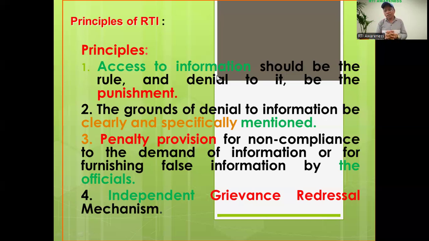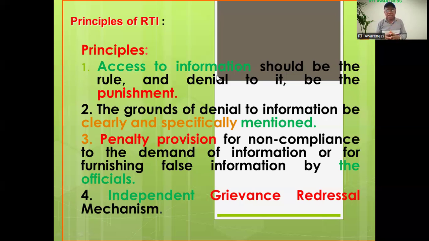Those who have given non-updated data or incomplete data or misleading data or destructive data will be penalized. They will be penalized as per section 20 subsection 2, because the PIO is misleading the citizen. PIO is misleading the public. That's why there is a penalty system for the public information officer.